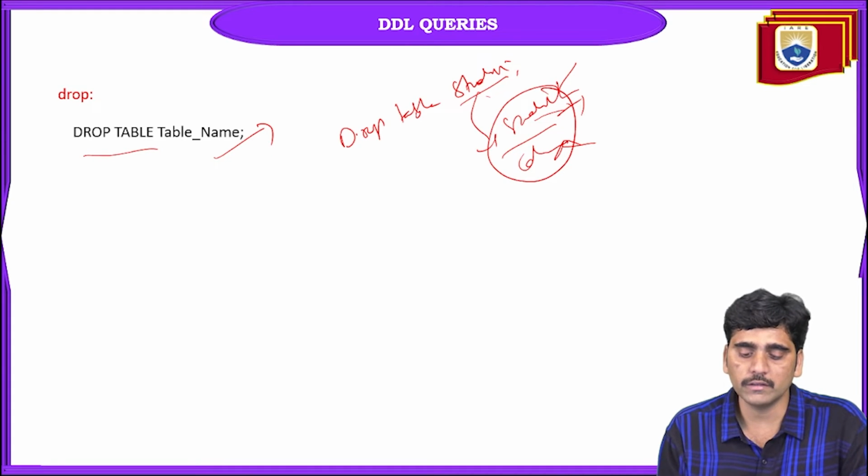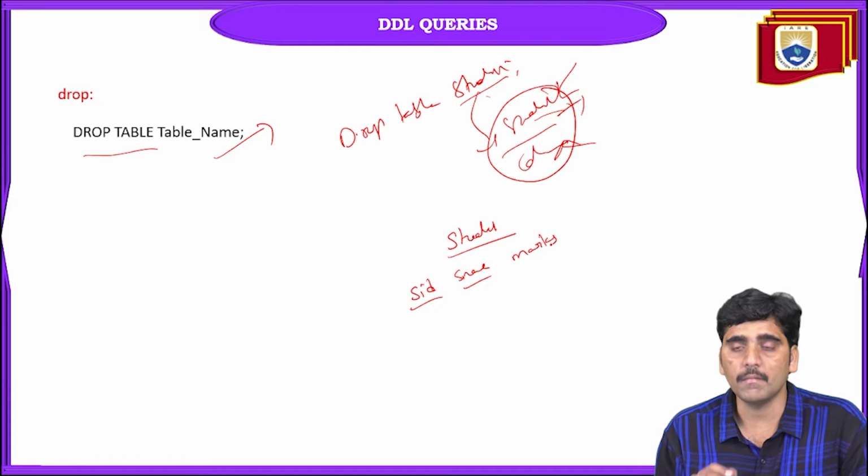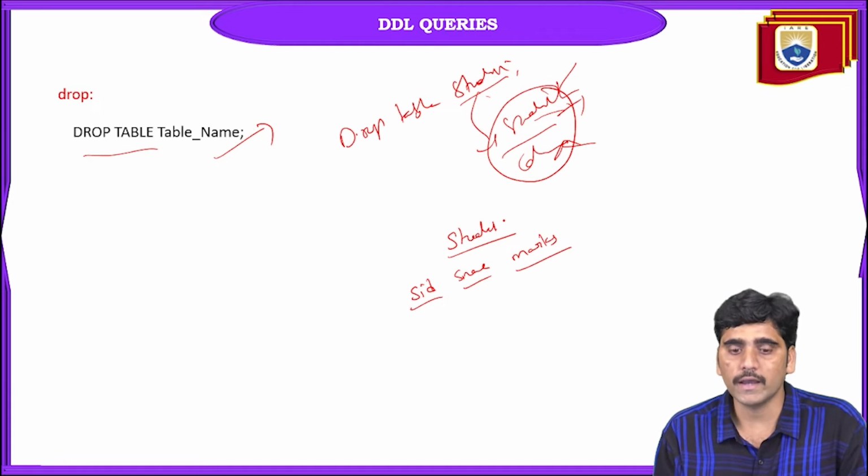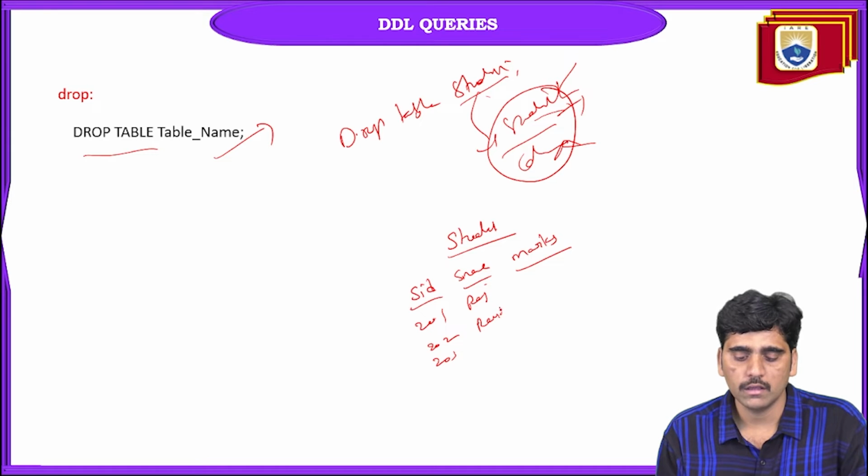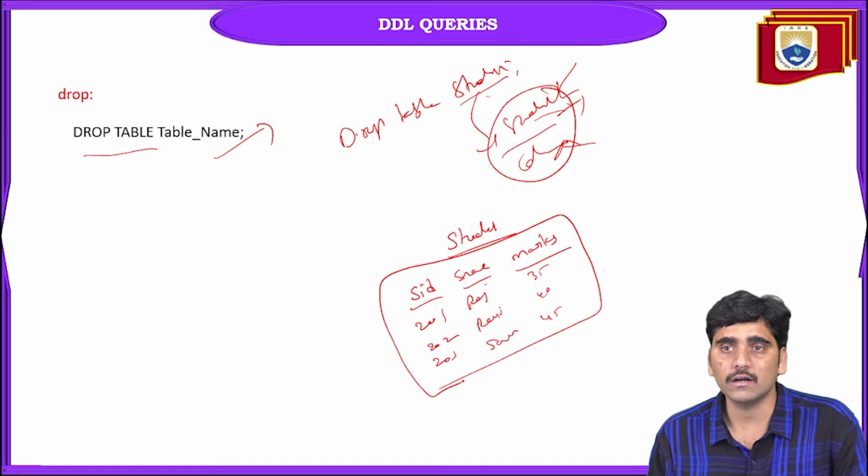Suppose you have a student table with student ID, student name, and marks. Student ID is 201, 202, 203. Name is Raj, Rani, and Sam. And marks are 35, 40, 45. Suppose you have this table.